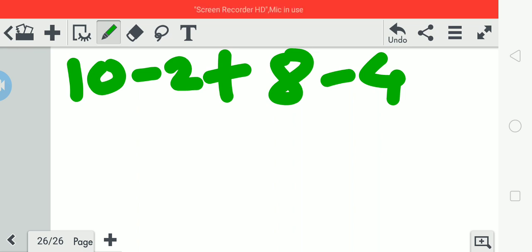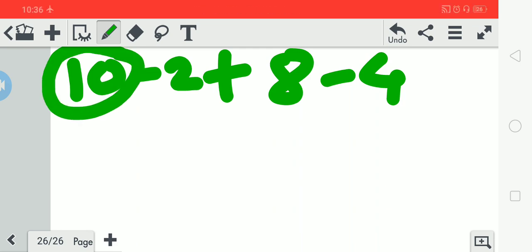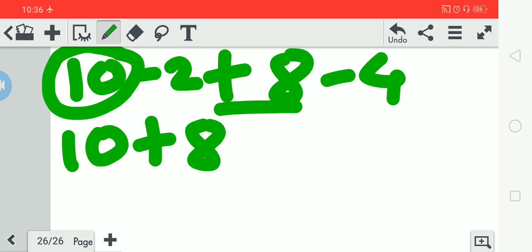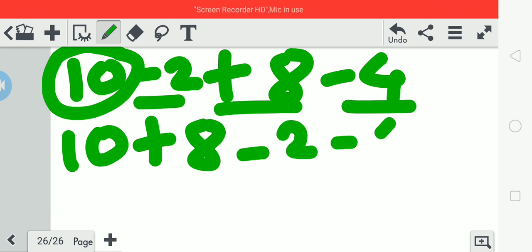Here you make two groups, one group of the positive numbers and second one of the negative numbers. Here positive numbers are 10 plus 8, right? So write 10 plus 8. Negative numbers are minus 2 minus 4, right?